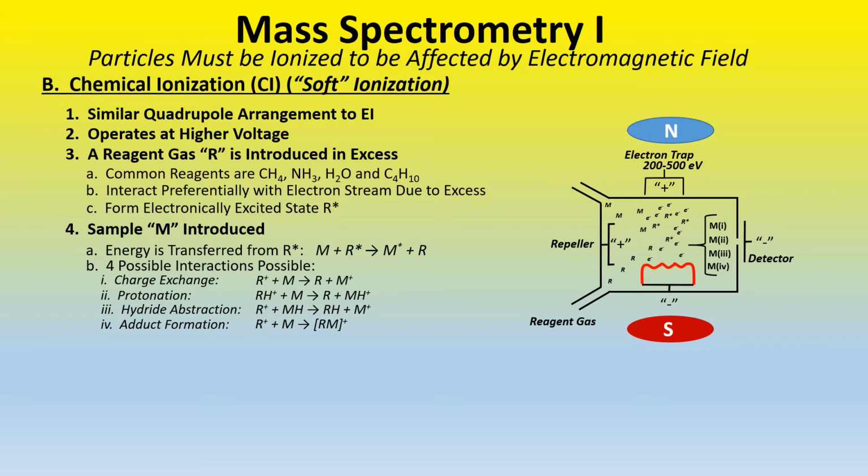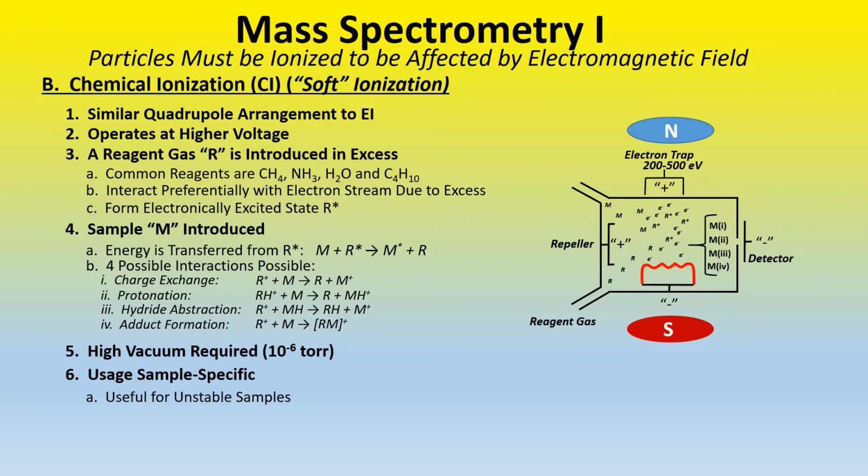Since this operates under the same principles as electron ionization, you still need a high vacuum. Also, as with many other techniques that you will see, the selection of chemical ionization depends upon the sample.